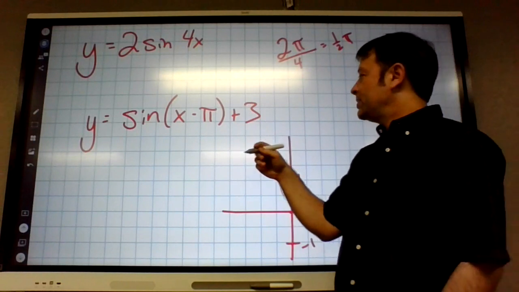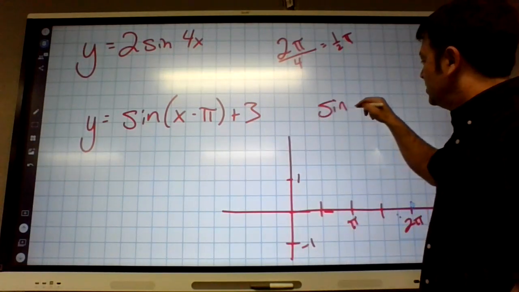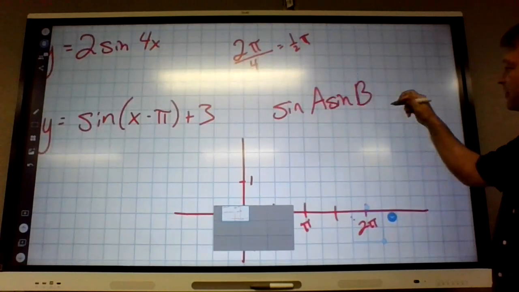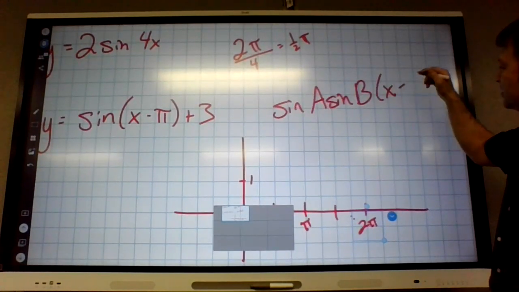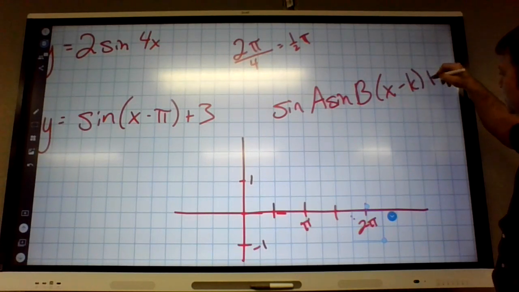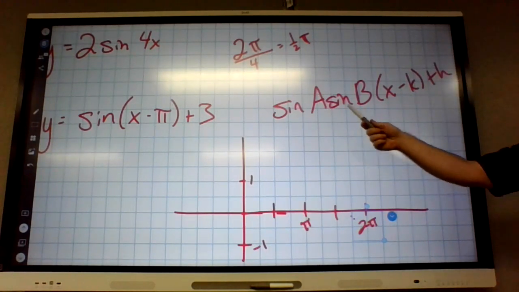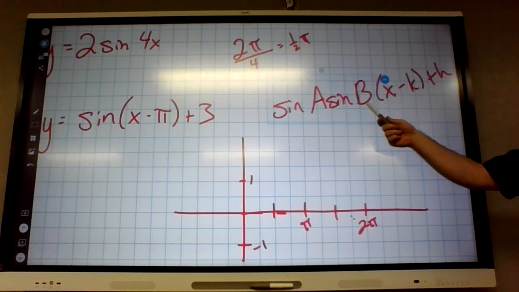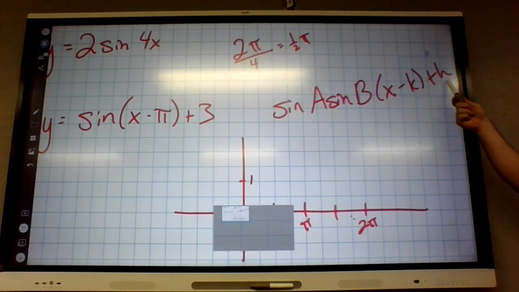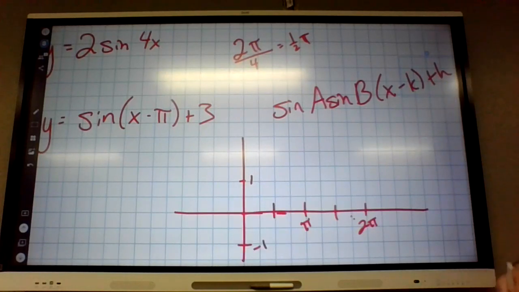So you have 4 things all together: the number in front, the number in front of the x, then the shifts. I think they usually use k and h. So amplitude is a, the period is 2 pi divided by b. This shifts right k and up h. So there's 4 things.